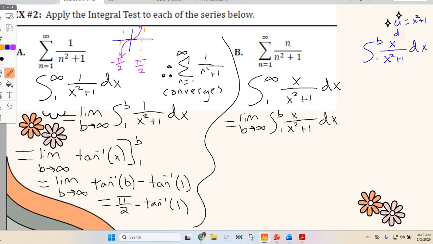So du is going to be 2x dx. Do we have an x in there? Yeah. Do we have a 2 in there? No. So what are we going to have to throw into the front? 1/2. And then I would have 1 over u. What is the antiderivative of 1 over u?